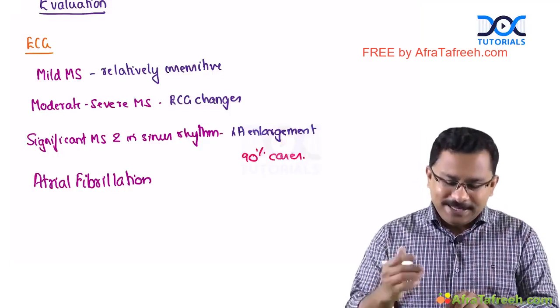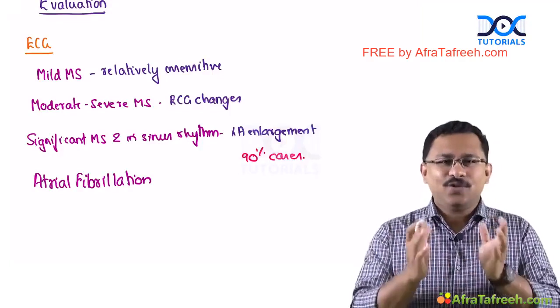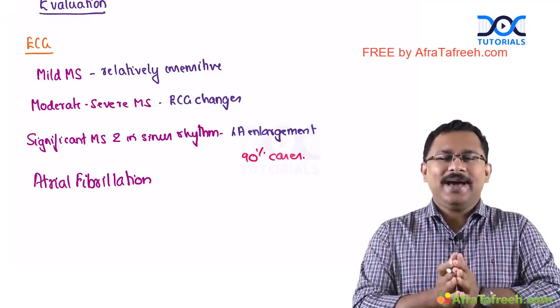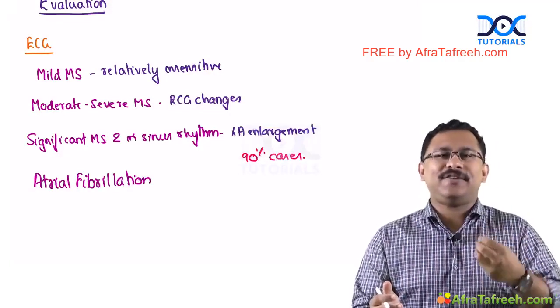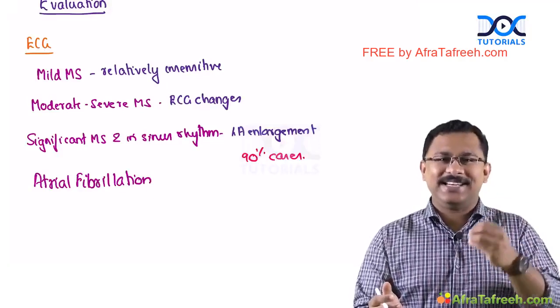Next point is, when the patient with a mitral stenosis goes on to have a pulmonary hypertension, the patient can develop a right ventricular hypertrophy, and the ECG will show evidence of RVH and right axis deviation.